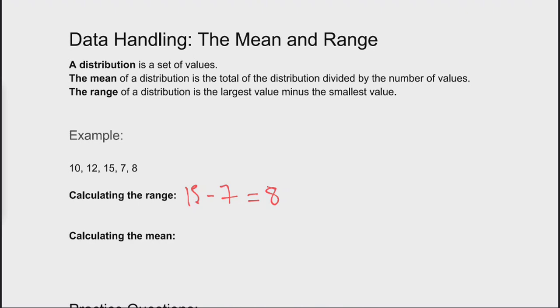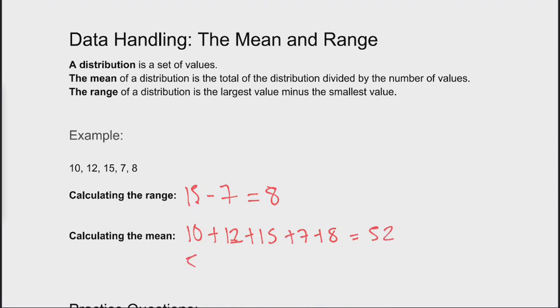The next point is to calculate the mean. So we want to add everything up and divide it by the number of items that we have. So first of all is to add everything. So 10 plus 12 plus 15 plus 7 plus 8. And then that is equal to, if you just put that into your calculator, I will do that now. 10 plus 12 plus 15 plus 7 plus 8 should get 52.